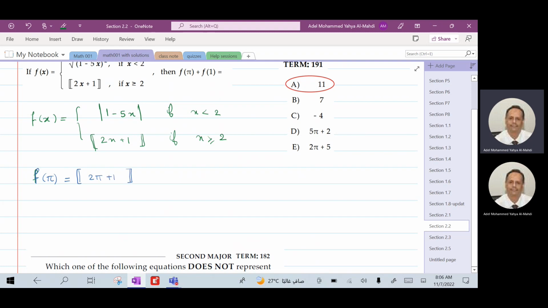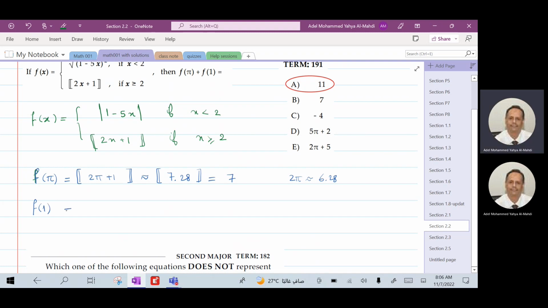So we approximate this quantity. We know that 2 pi is approximately 6.28. Then 6.28 plus 1 will be 7.28. And the greatest integer of 7 point something is 7.